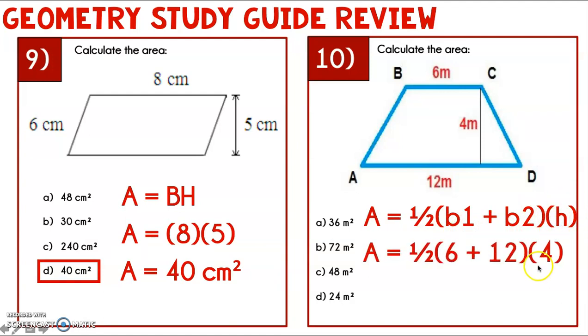Okay, so base 1 we can use as 6, base 2 we can fill in as 12, and our height is 4. So we have area equals 1/2 (6 plus 12) times 4. And when we put that into our calculator, we get 36 meters squared. So our answer should have been A, 36 meters squared.